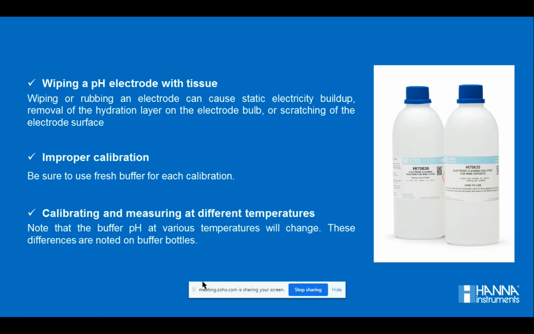The improper calibration also can give inaccurate readings in pH measurement. Improper calibration means you might use a buffer which is contaminated or which is not giving the proper millivolt as expected according to the theoretical value. At that time, you might get an improper calibration.